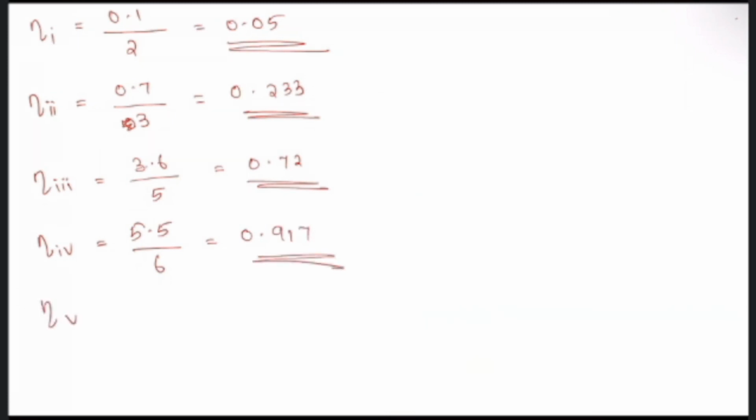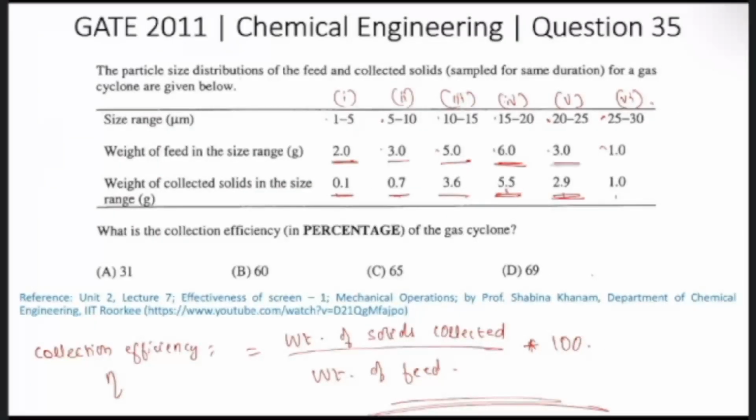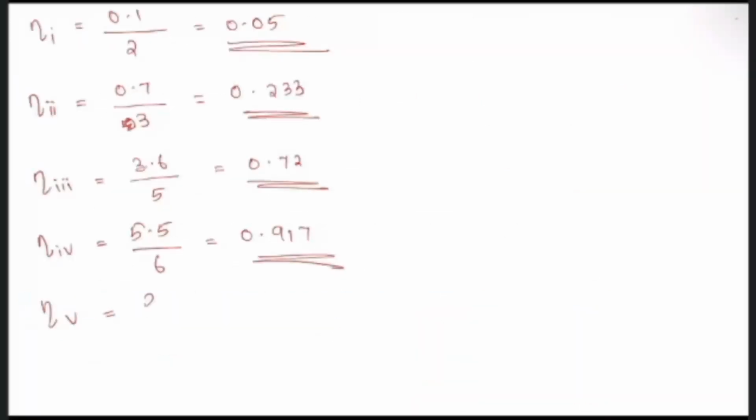Efficiency in size range 5 will be 2.9 divided by 3, which is 0.967. And the efficiency in size range 6 will be 1 by 1, which is 1. So these are the individual efficiencies in the different size ranges 1, 2, 3, 4, 5 and 6 given in this question.